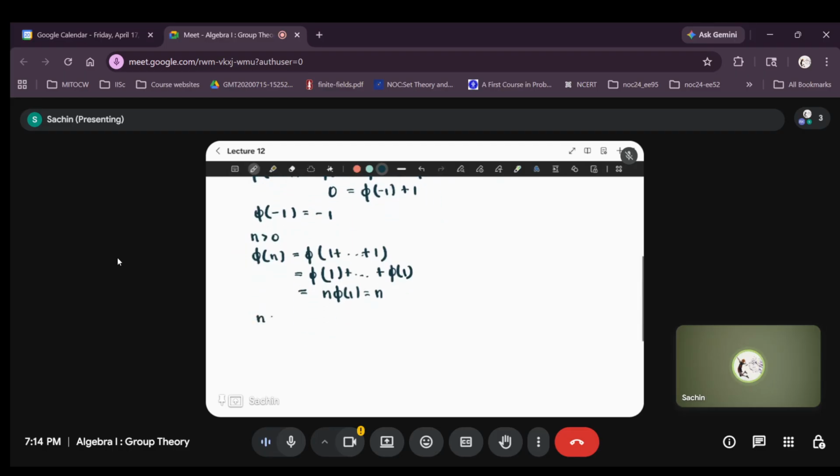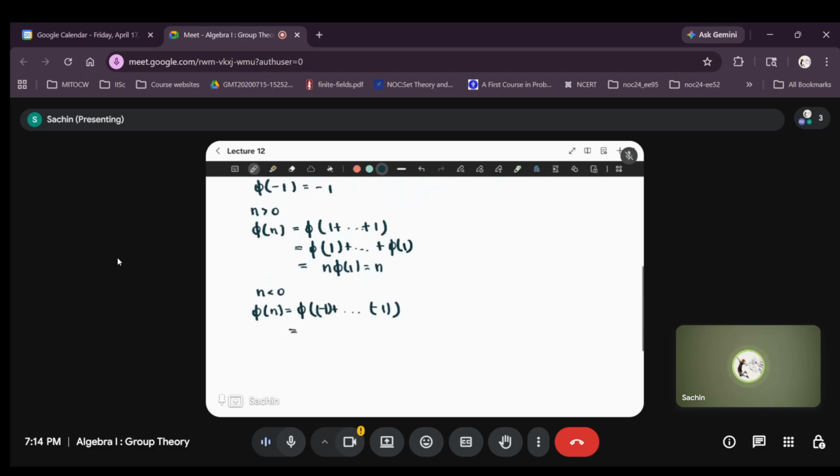Similarly, for n less than 0, phi of n is phi of minus 1 added to itself with magnitude of n terms in the sum, because n is a negative number, right?